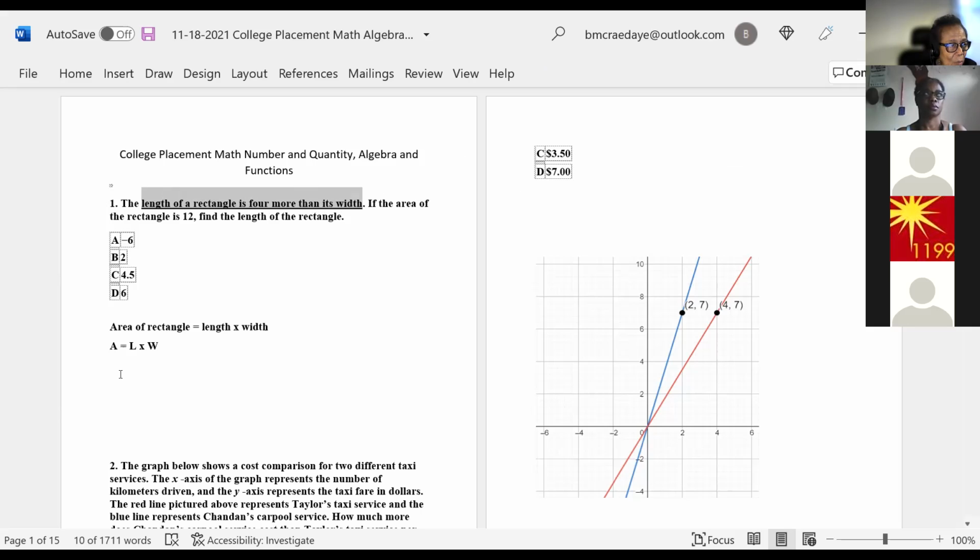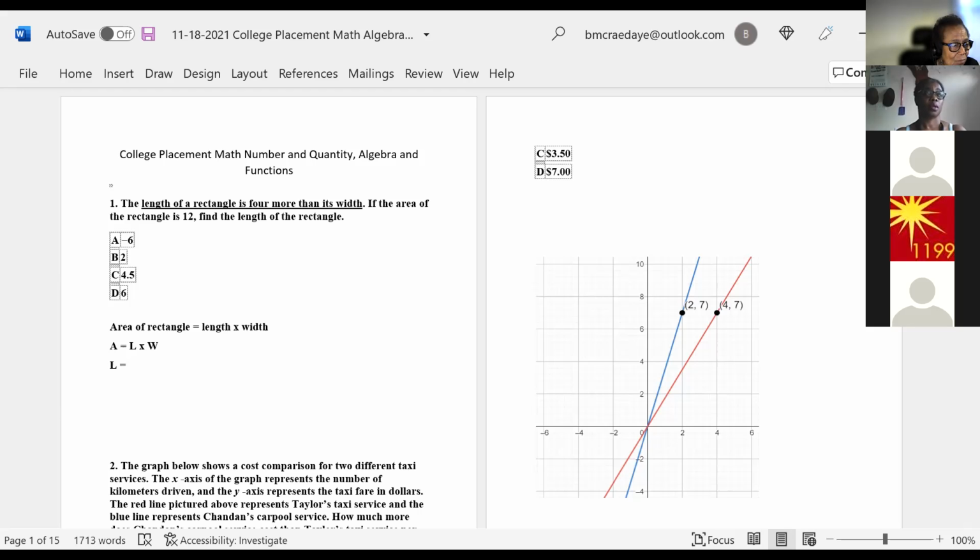Length is 4 more than the width. Now L is the length and W is the width. How do I write that length is equal to 4 more than, which means add? How would I write that? I'll get you started. What is the length? How would I write length is 4 more than the width?